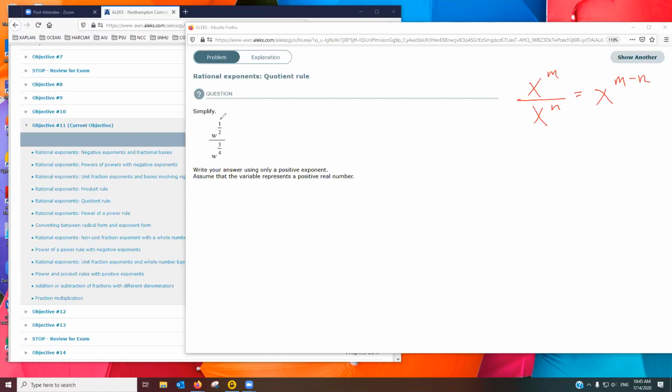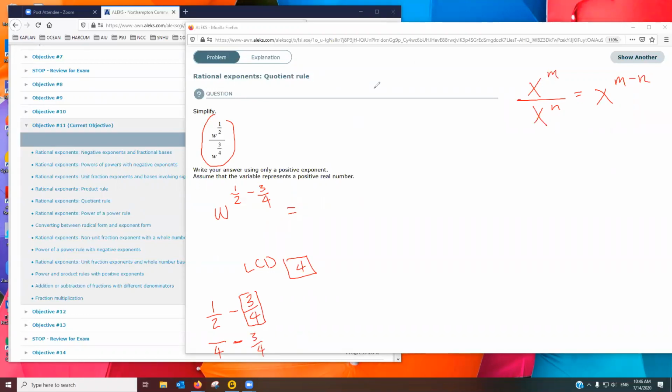So I'm going to apply that rule to this example. That means I'm going to subtract the exponents. Again, when I go to subtract, I need to have a common denominator. I'm noticing here the least common denominator that I can use is 4. So I'm going to change this first fraction to have a denominator of 4. The second fraction already has a denominator of 4, so I don't have to do anything to change that.